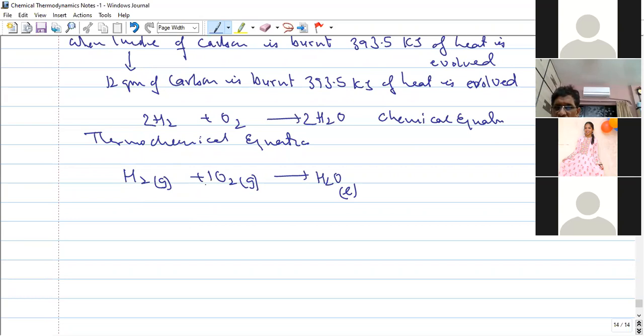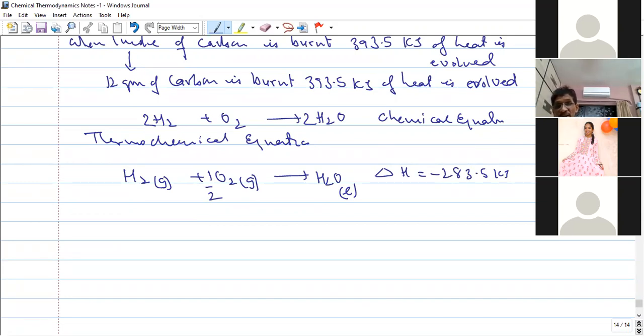So what will we do? Half. And its value is 283.5 kilojoules. So what does it show? A thermochemical equation can be balanced by a fraction. A chemical equation cannot be balanced by a fraction, but a thermochemical equation can be balanced by a fraction.